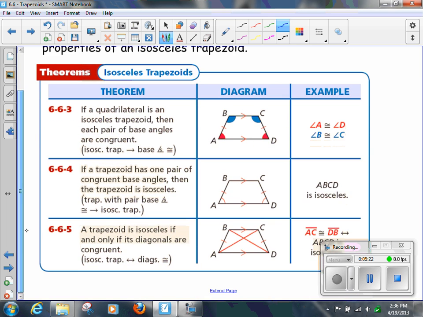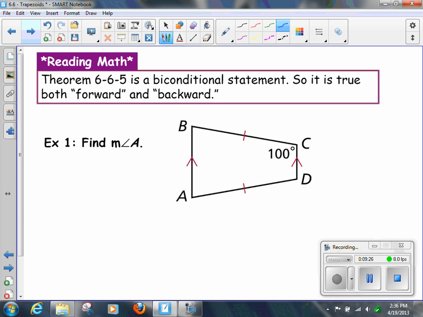Look at these. Let's see how we're going to use these theorems, okay? Theorem 6-5, it's called a biconditional statement, so it's true both forward and backward. I can read it either way, and it's going to work. The measure of angle A. Folks, how do I determine? First of all, I would have to turn my paper sideways because I always want my trapezoid with the parallel bases up, and I want those on the top and the bottom.